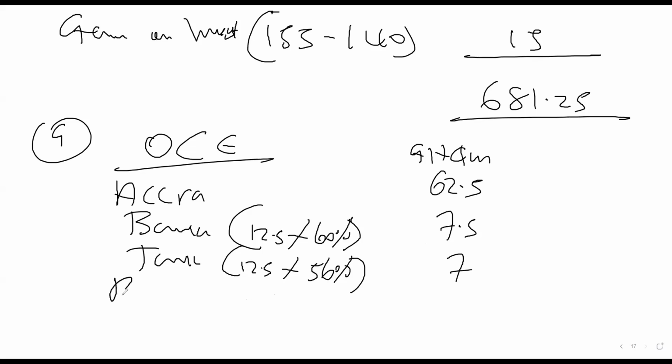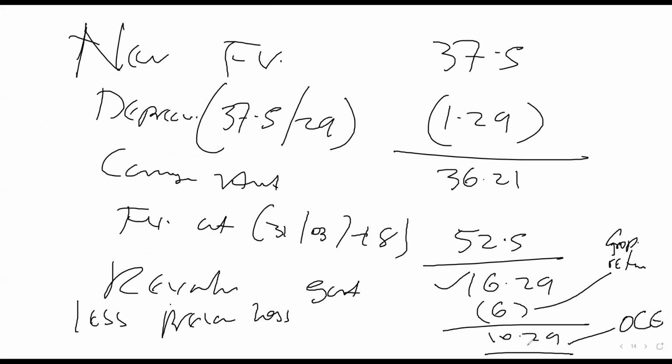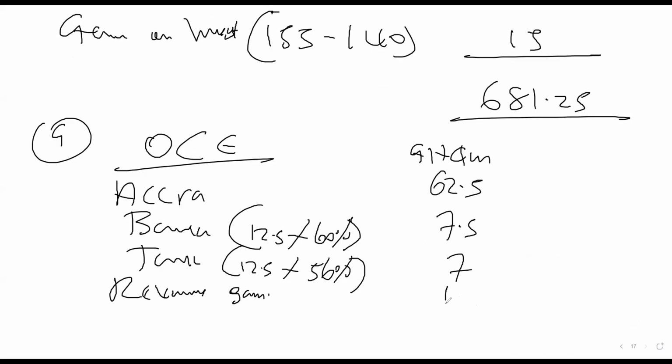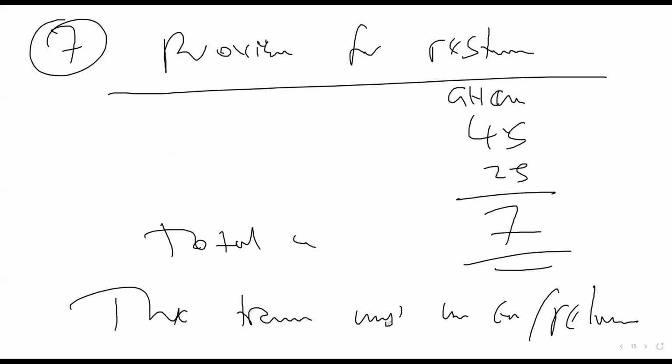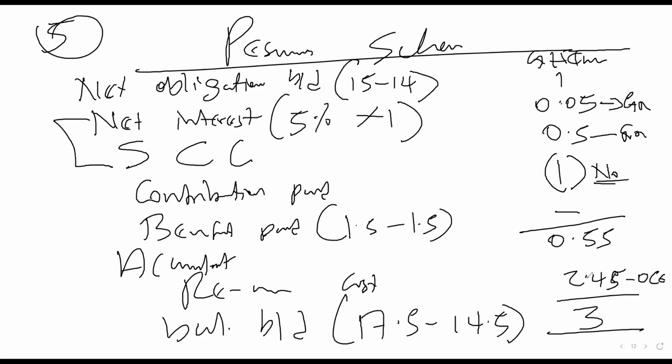Then the revaluation gain we had, the one that we said to go to, 10.29. Yeah. And 0.29. Then which one again? Remeasurement cost. Go to the pension scheme workings. 2.45.